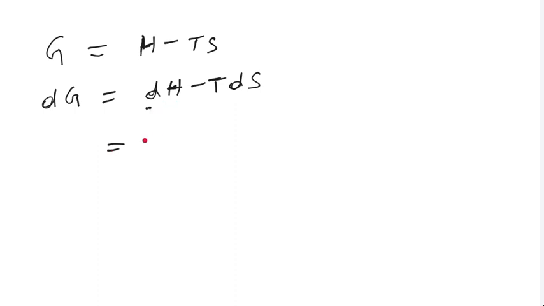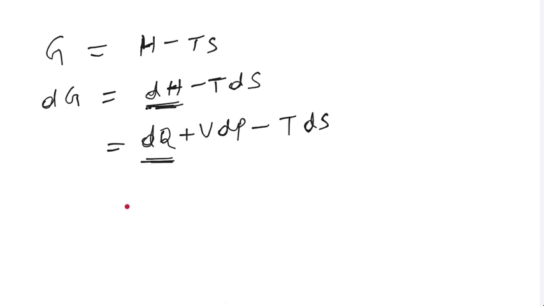So dH can be written from the enthalpy equation as dQ plus VdP, minus VdS.